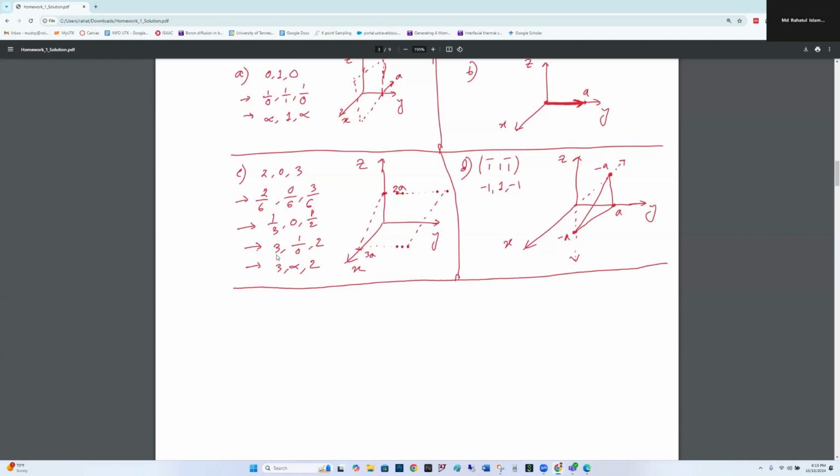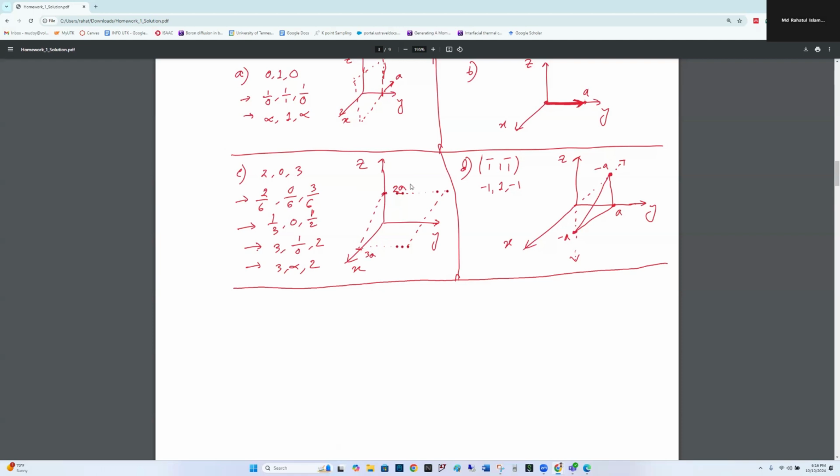If you invert 1 by 3, you will get 3. If you invert 0, you will get infinity, and if you invert half, you will get 2. And what does this mean? 3 means the plane will intercept the x-axis at 3, and infinity means it will not intercept the y-axis, and 2 means it will intercept the z-axis at 2 units.